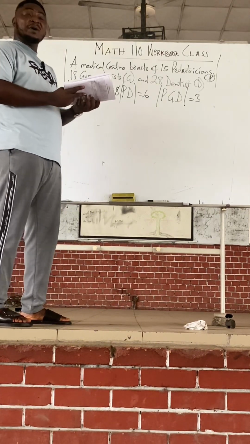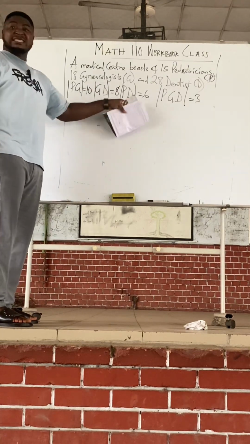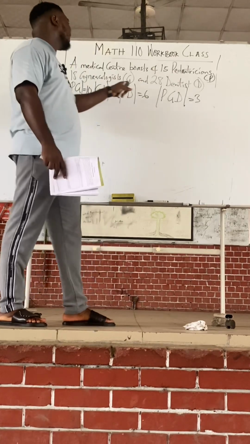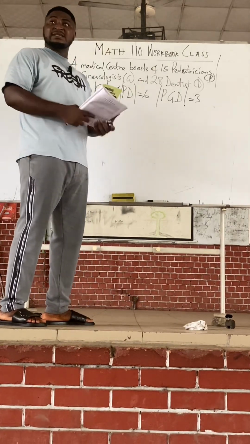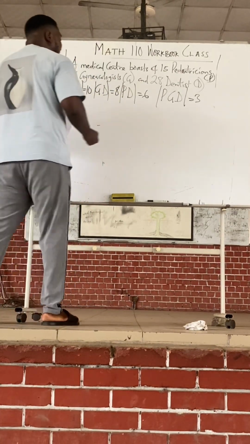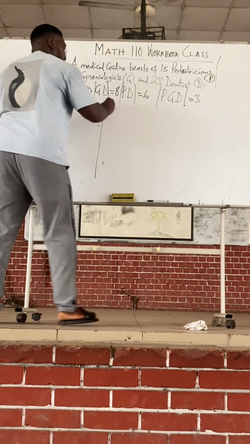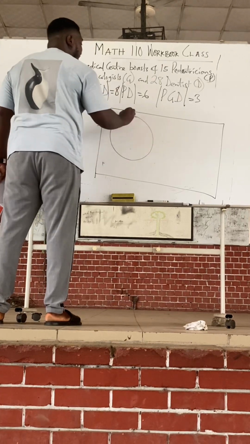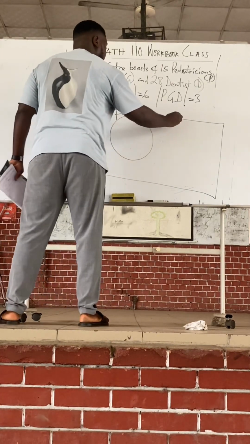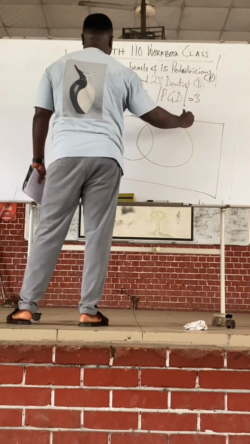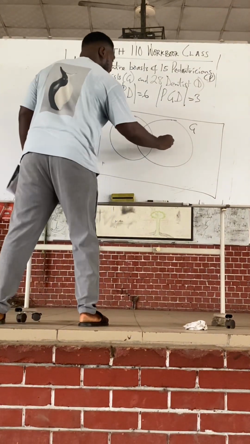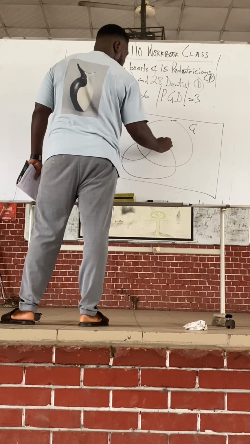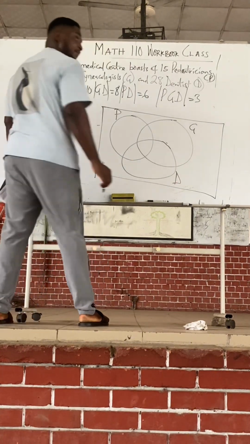I thought they would ask you to find how many did PD only. In the Venn diagram, these are the three subsets. You will put the subset for P, pediatricians, the subset for G, gynecologists, and the third subset for D, dentists.